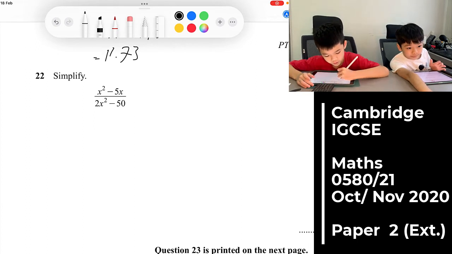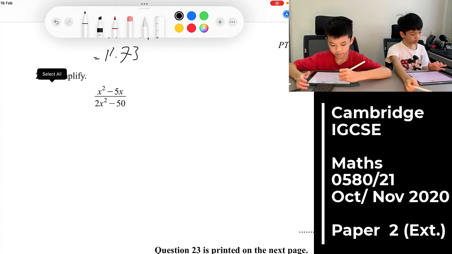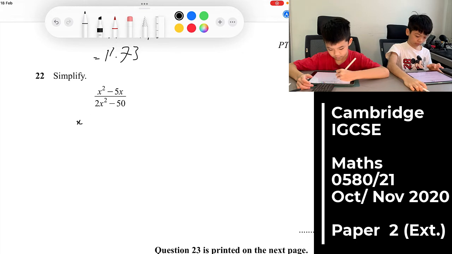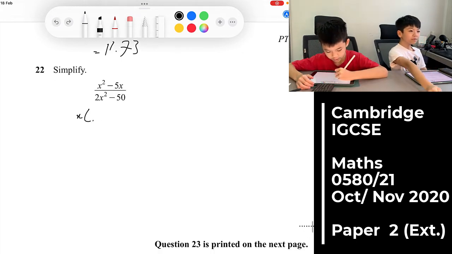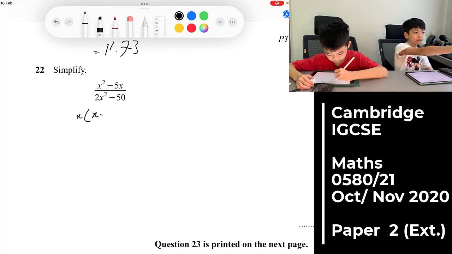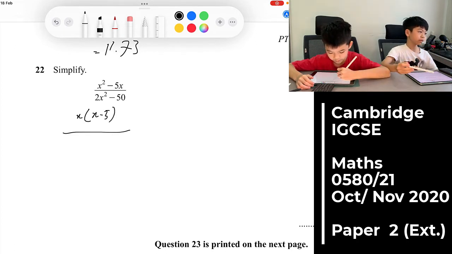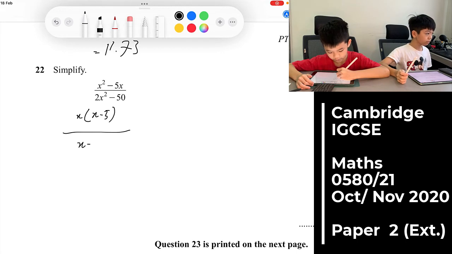For question 22, simplify x squared minus 5x over 2x squared minus 50. So the only thing we can factorize from the top is x, so x times x minus 5. So the bottom should have something to do with x minus 5.